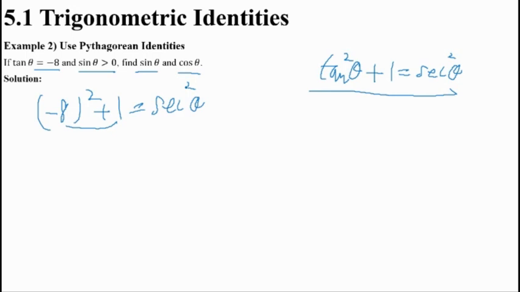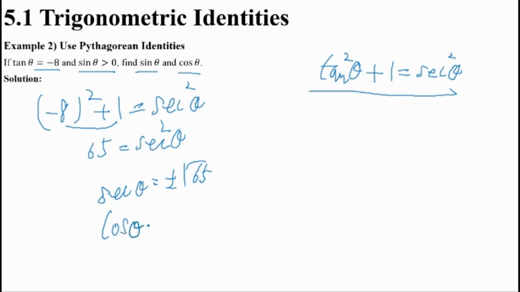This one is 65. So secant theta is plus or minus square root 65. We are looking for cosine, so cosine theta will be 1 over plus or minus square root 65, which means plus or minus square root 65 over 65.